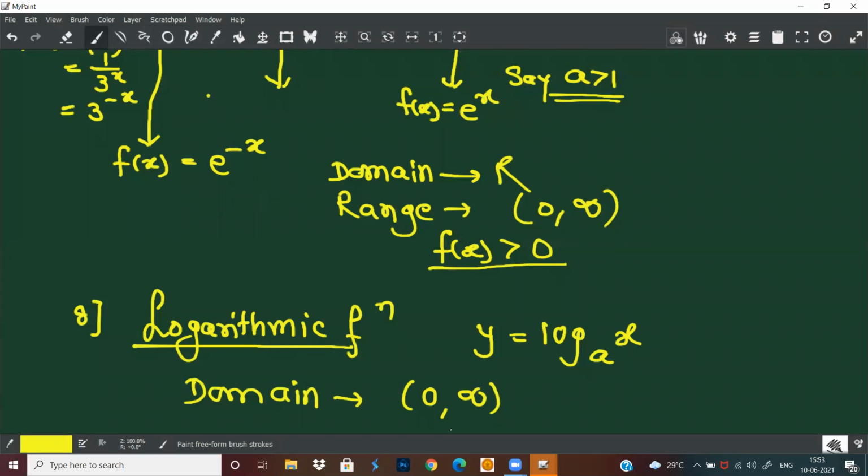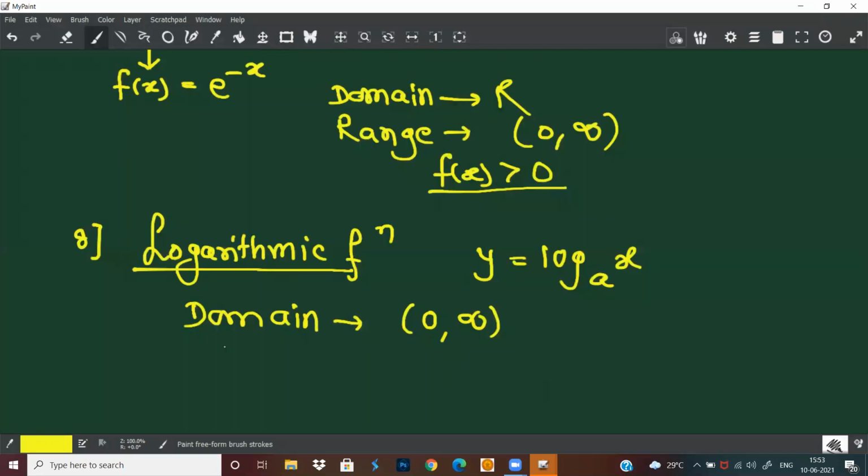One of the values of a is e, which is 2.7182813. It's an irrational number, correct? So the domain of the logarithmic function is 0 to infinity. In range there is no problem.